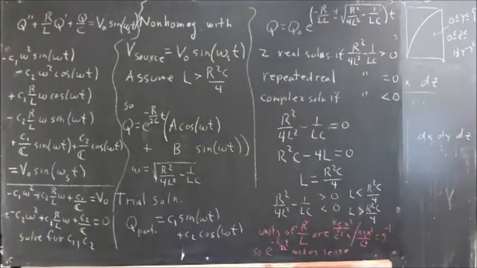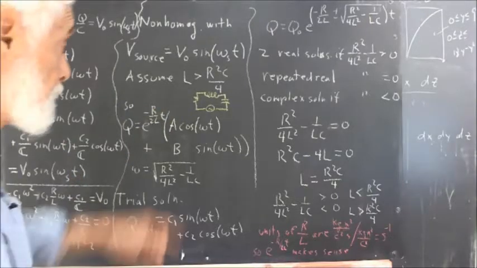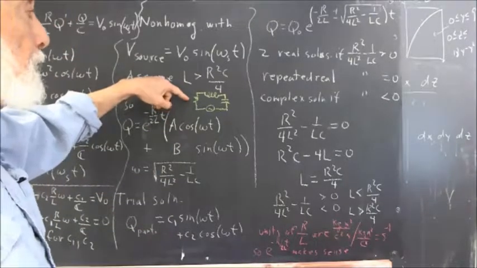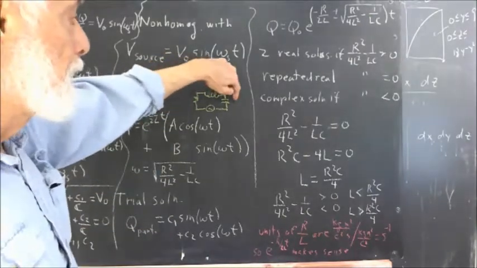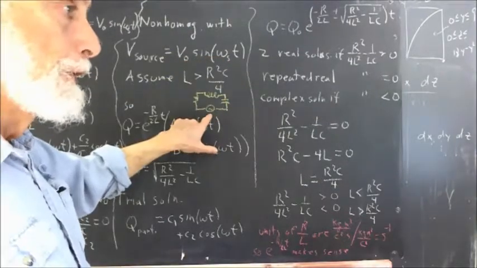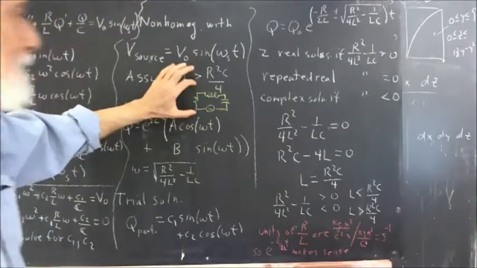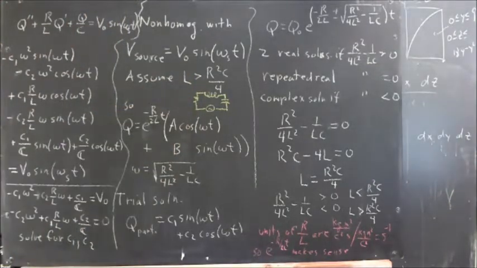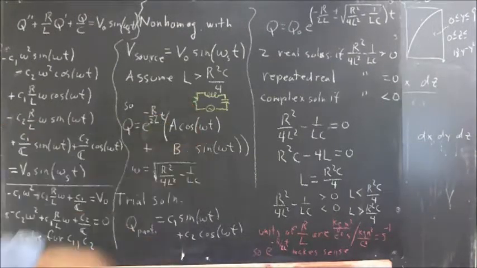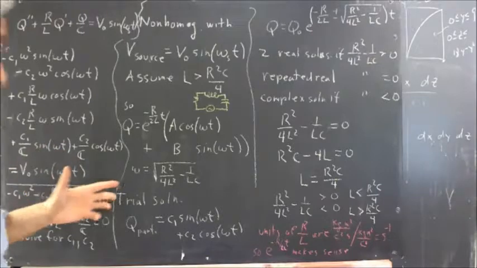Now I'm going to stop here and just draw a little picture, and there it is through the magic of stop action. We have a resistance here, an inductance here, a capacitance here, and a source voltage here. So that's what we're talking about. You should have a picture of that, taking notes as you view the videos in any case. So you should have that in bigger form as we saw it earlier.